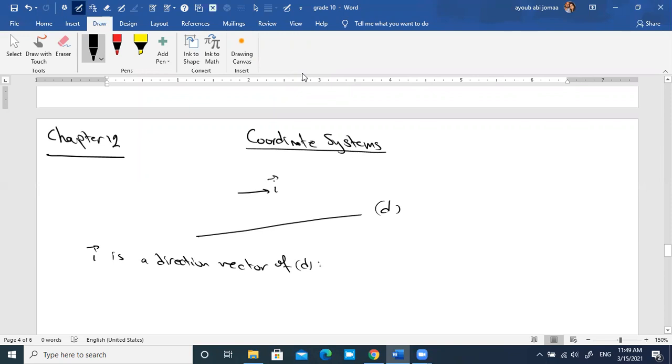When I say direction vector, it means that any 2 points A, B on the line D, then vector AB and vector I have the same direction.